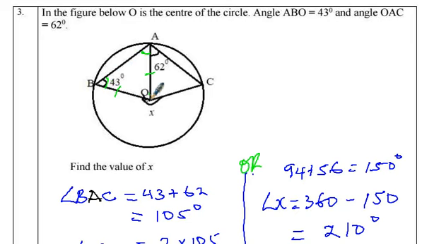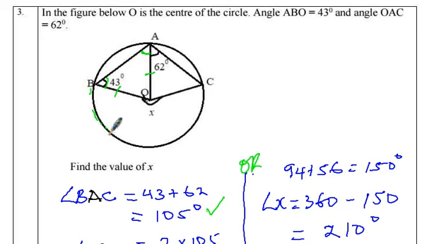And so I can use this angle and this angle, and when I add them here, do we see angle BAC? They give me 105 degrees. Now what do I do with that 105 degrees? Look at this arc BC, if you can follow.